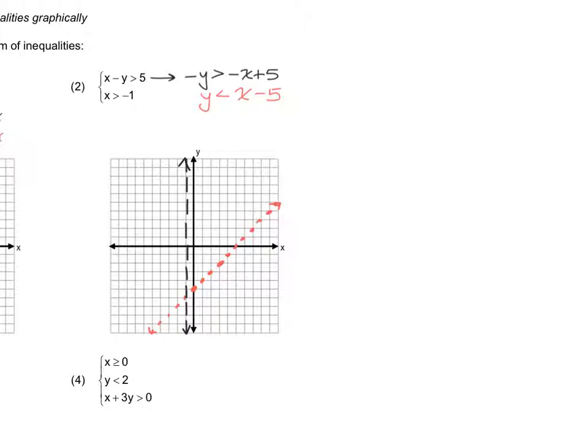All right, so x greater than -1. Well, the x equals -1 was vertical. Am I going left or right of that vertical line? Right. Okay, so you could kind of just look at it as is. The arrow is pointing to the right, so shade to the right.